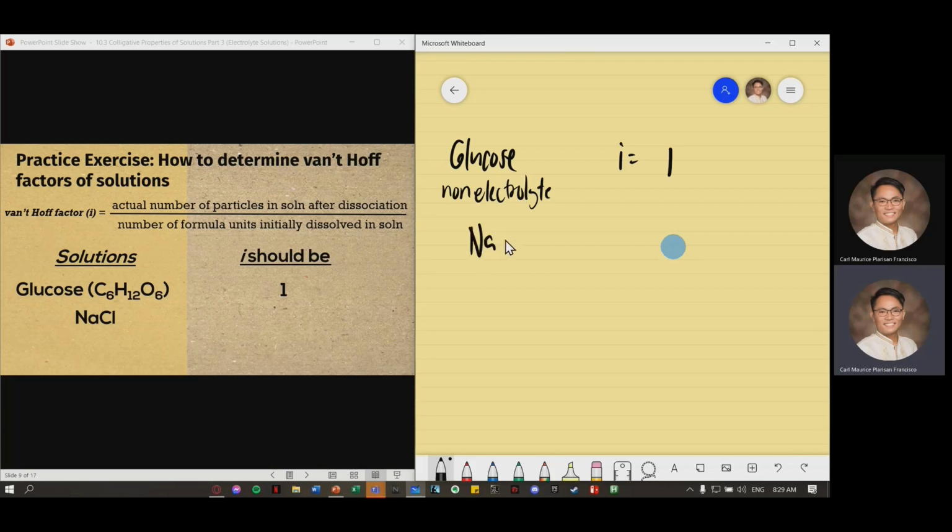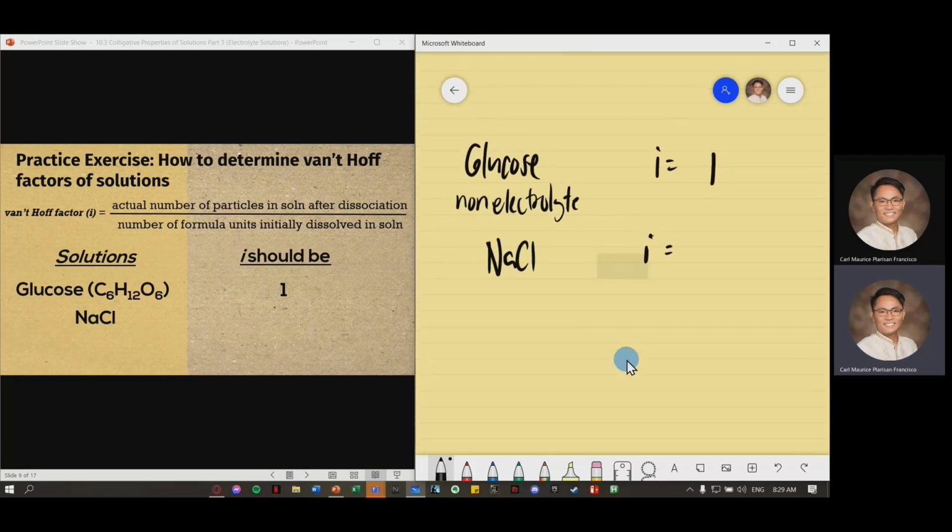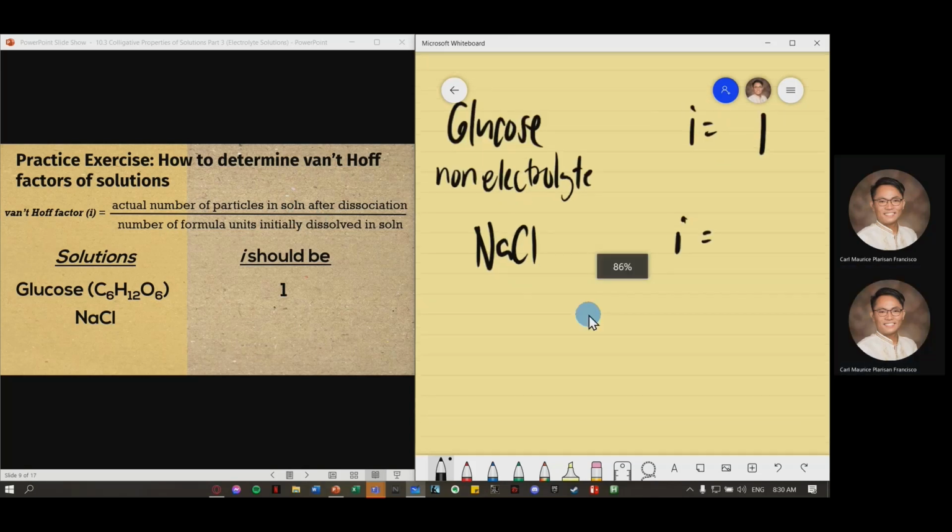Okay, so NaCl naman, actually, ang clue lang dito ay shortcut. Sige, tuturo po natin siya. Ang shortcut lang dito ay, kahit hindi po natin gamitin itong formula, paano magiging clue? NaCl. Bilangin nyo, ilan ang atoms? You have here 1 atom of sodium, and then 1 atom of chlorine.